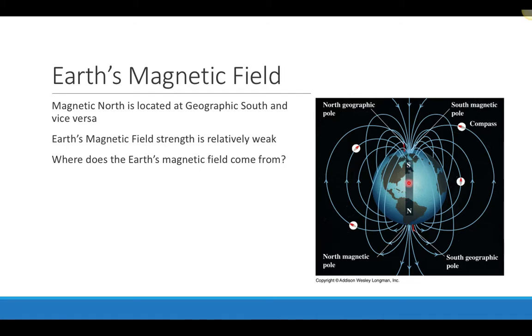So there's a slight angle between geographic north and magnetic south, and that changes over time. I think the angle is pretty small. It might go up to 11 degrees, but it does vary over time. And that's something that scientists and people who use the Earth's magnetic field to tell direction actually have to consider as they are using those fields to determine direction.